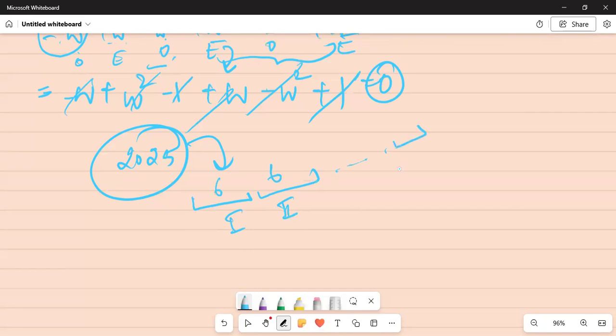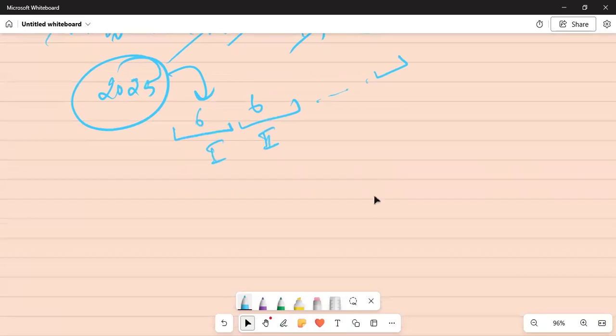Similarly, you will not be able to complete these 2025 terms in a natural number of blocks. You won't be getting an exact number of blocks, because 2025 equals 6 into 337 plus 3.